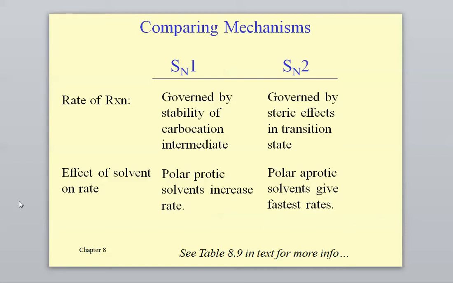These last couple of slides just sum up what's important about this chapter, especially in comparing these two mechanisms and recognizing their differences. SN1, again, is synonymous with creating carbocations, and so alkyl halides that can create stable carbocations tend to go by that mechanism.